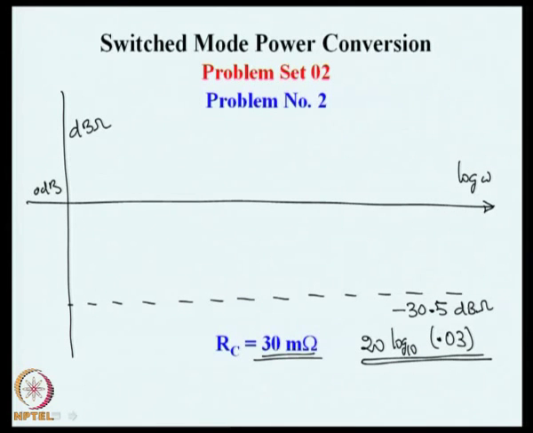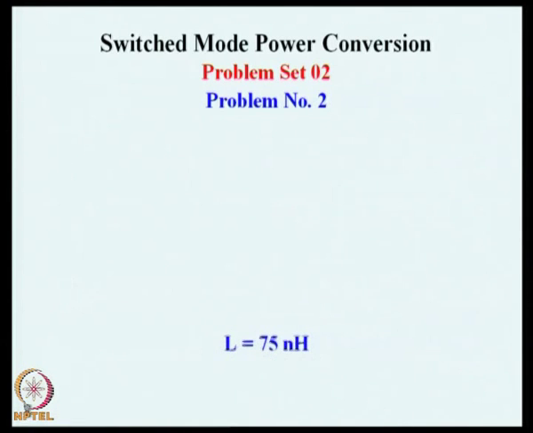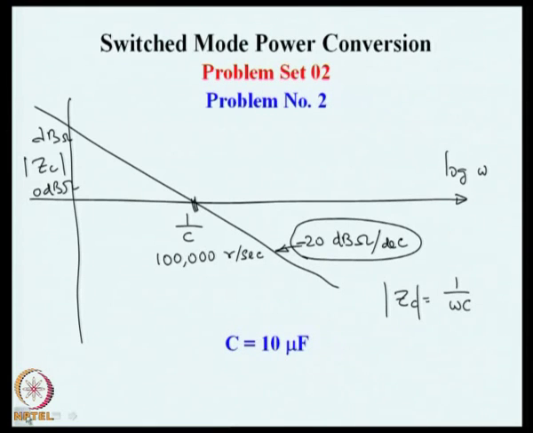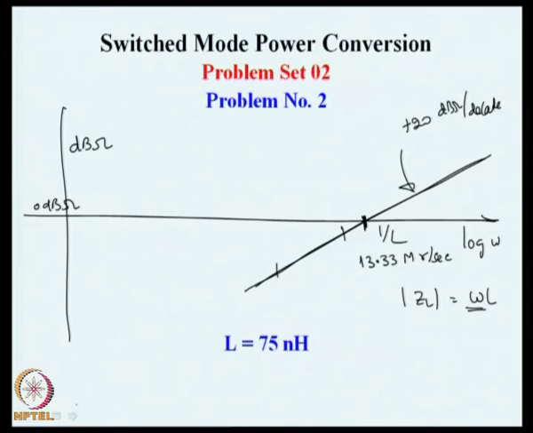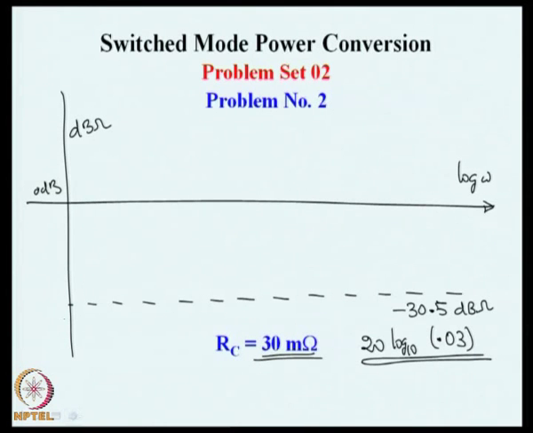So, we see that our capacitance has really three behaviors. At very low frequency, it behaves like a capacitance, and at very high frequency, it behaves like an inductance, and it also has at all frequencies a resistance value of 30 milliohm.